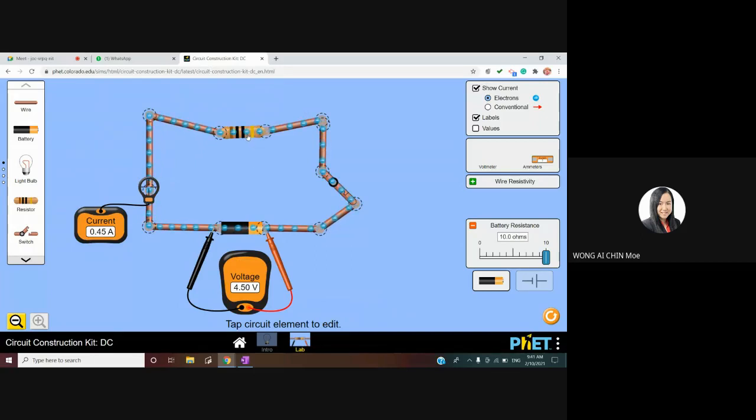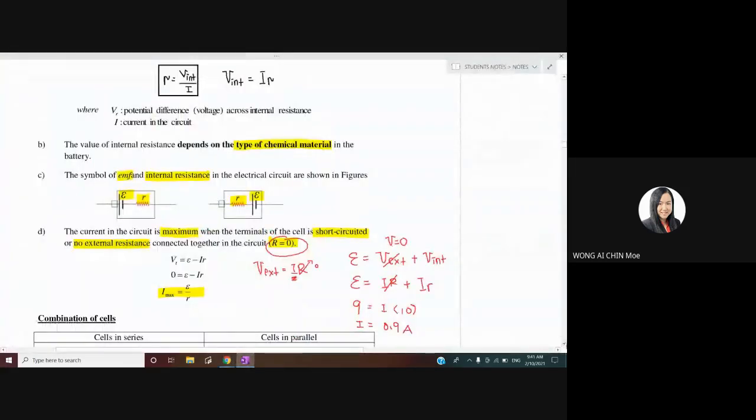If the resistor increases, then the value of course will be less than 0.9. If there is no resistor, even though I connect it, it will go back to 0.9. So later you can play around. Okay, so we go to combinations of the cell.